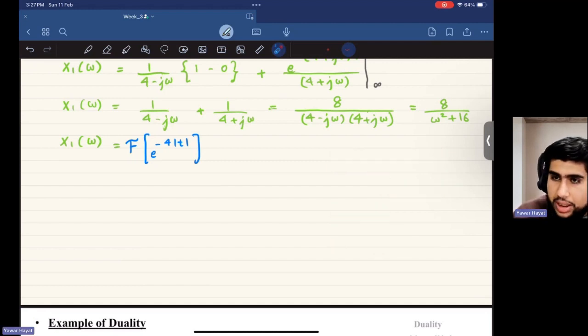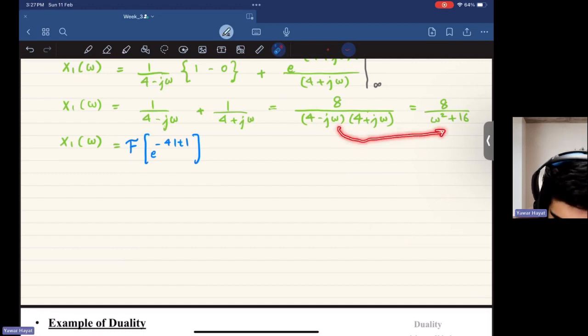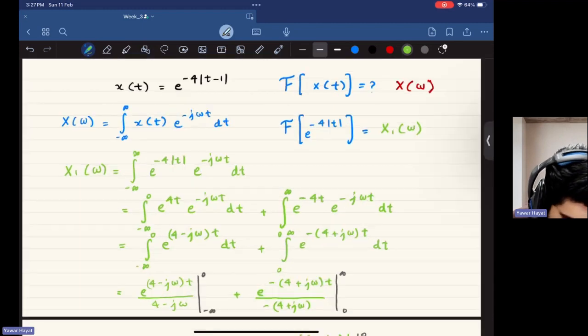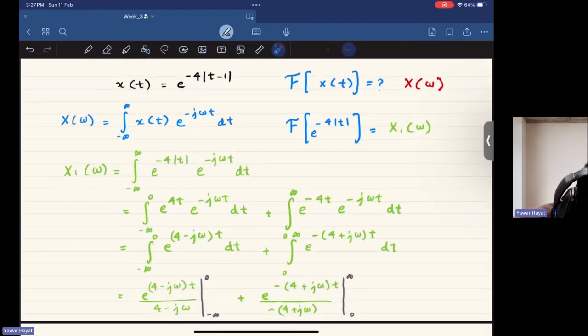Rest you can figure out, right? So on simplifying this, you would get this omega square plus 16. So what is our X1 of omega? But what was our original goal? Our original goal was to find this, right?